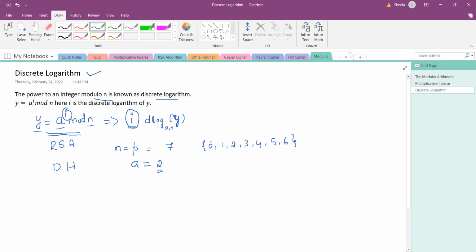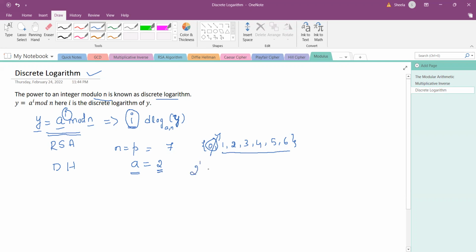We cannot generate 0, because the product of two numbers is 0 only if at least one number is 0. Since I am using only a primitive root, which is not equal to 0, I cannot generate 0. So using the primitive root, I need to check whether I can generate all the elements of the group.